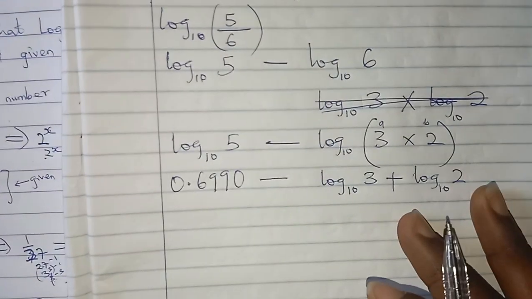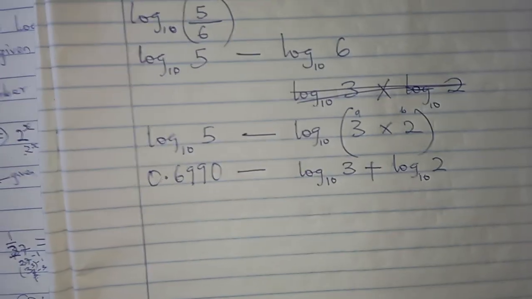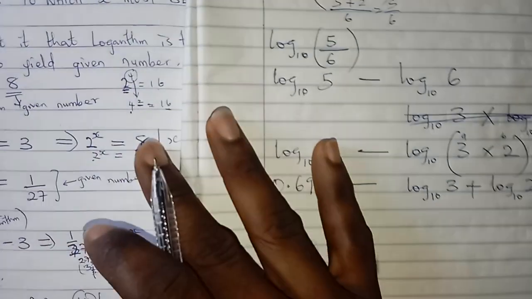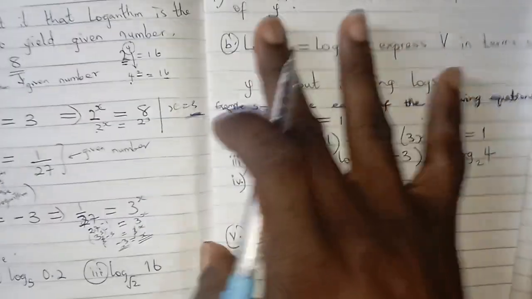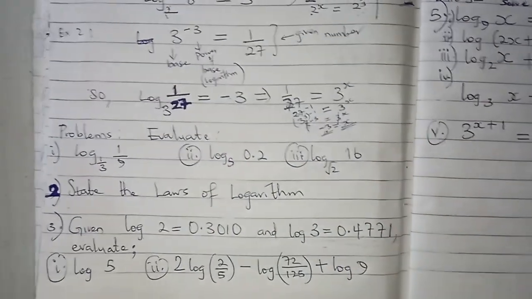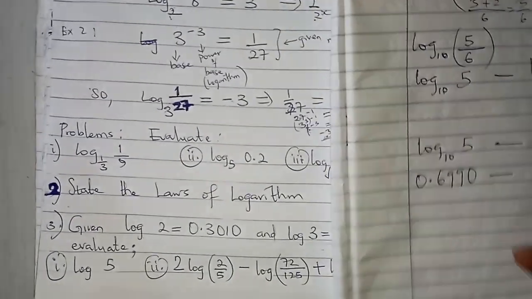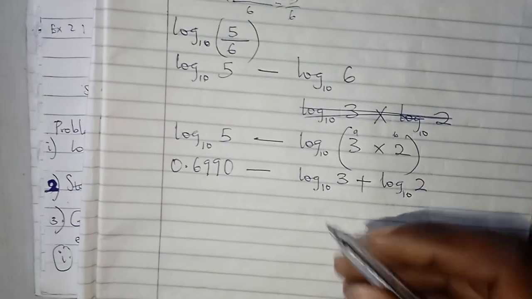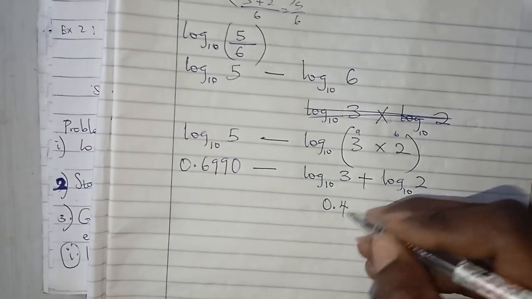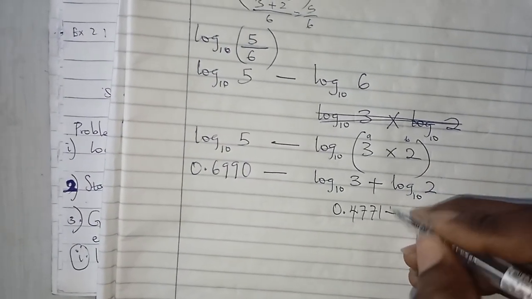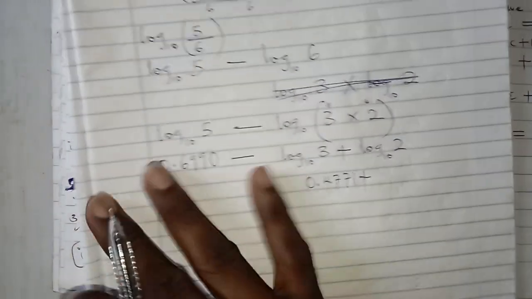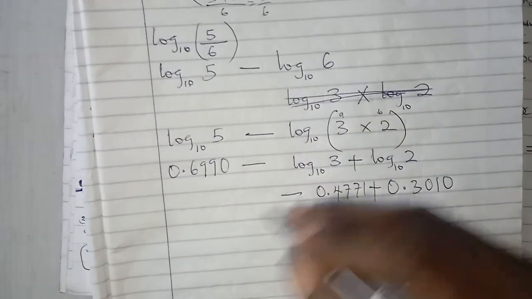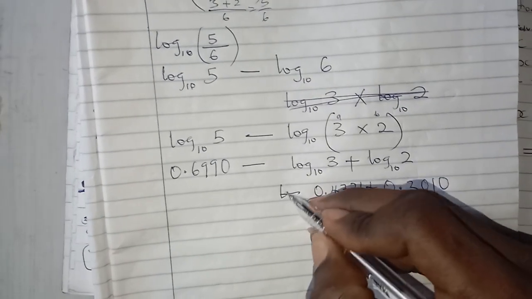If you remember our law of indices. So this is the same thing as saying, what do we have for 3? (0.4771).